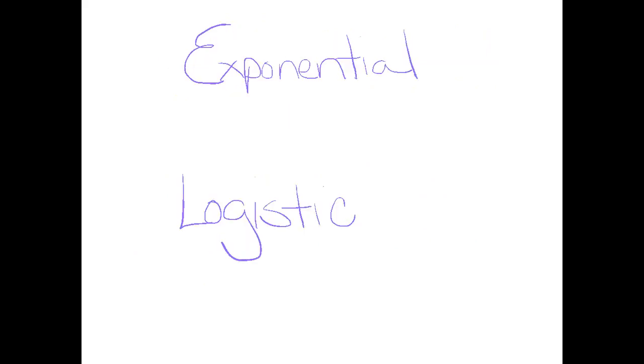We also talked about exponential and logistic growth. Remember, those organisms that reproduce rapidly show exponential growth, and those that grow a little slower will have logistic growth, which has the S-shaped curve, and exponential is the J-shaped curve.